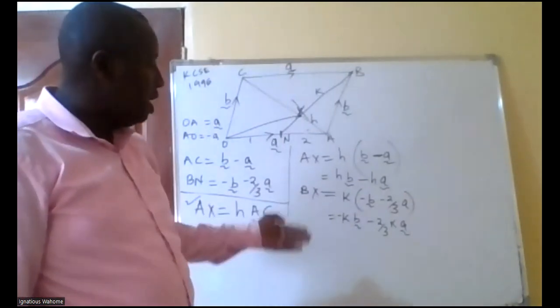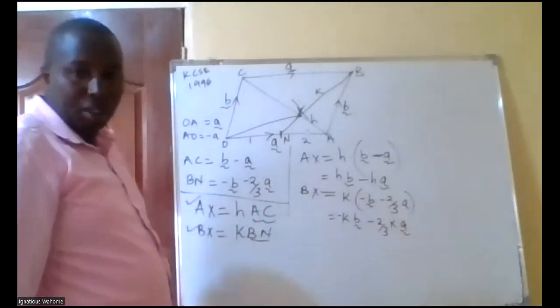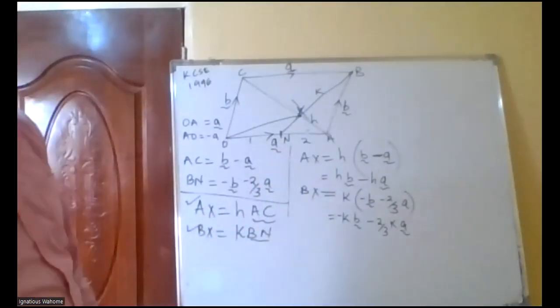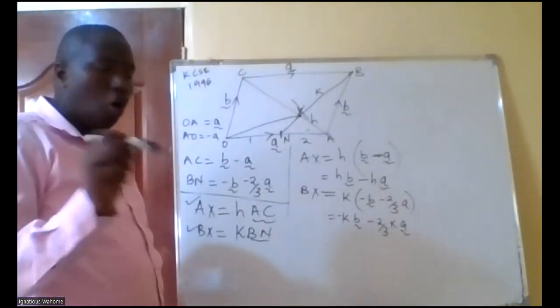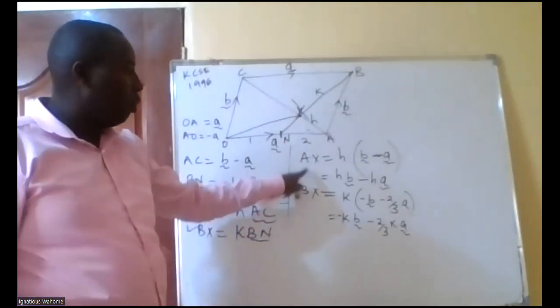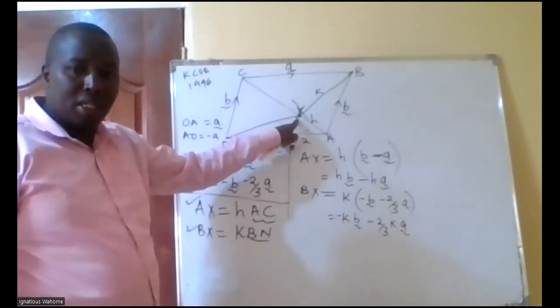That is vector BX, the one that you are told to use here. So the examiner is saying by expressing OX in two ways. Here there is no OX, from O to X in two ways.